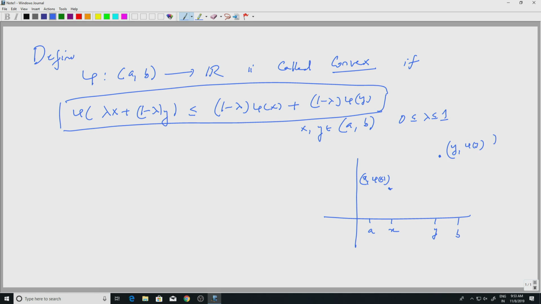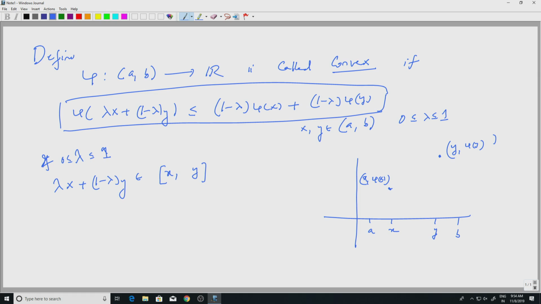If lambda is between 0 and 1, any point of the form lambda x plus 1 minus lambda y will belong to the closed interval x y, because I am taking lambda equal to 0 and lambda equal to 1. Lambda equal to 0 will give me y, lambda equal to 1 will give me x, and lambda between 0 and 1 will give me some points here.